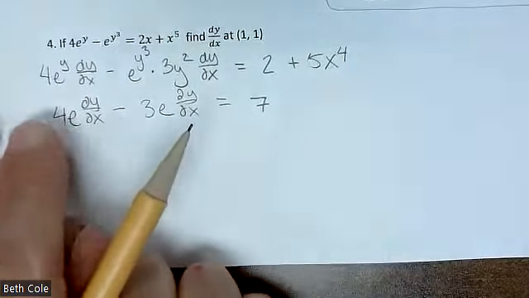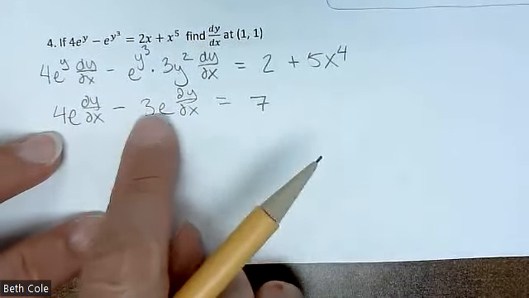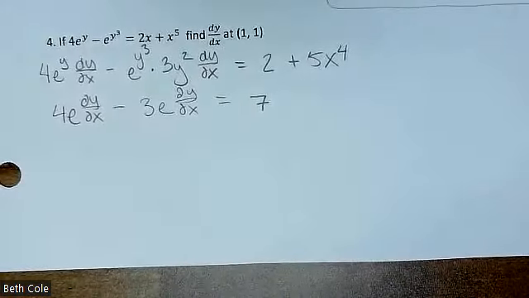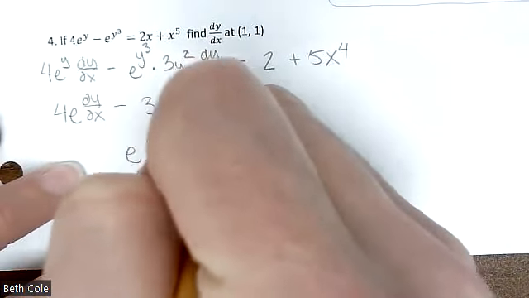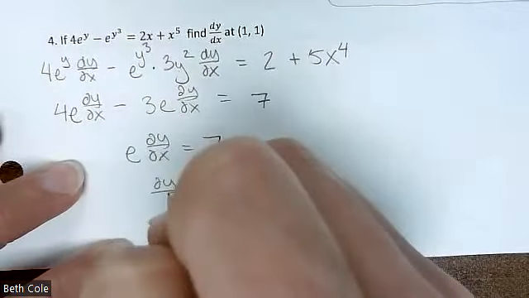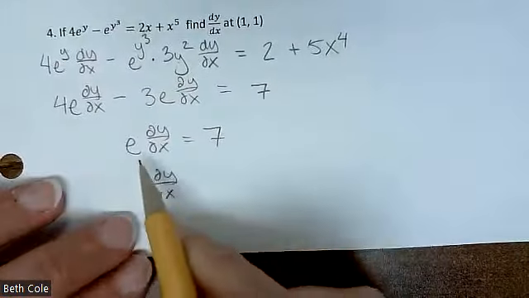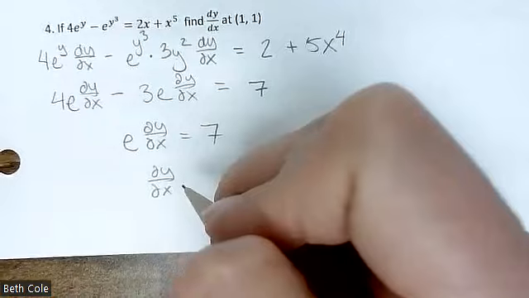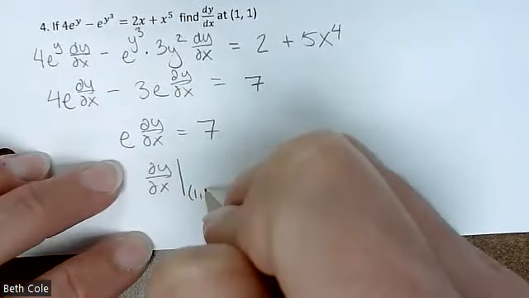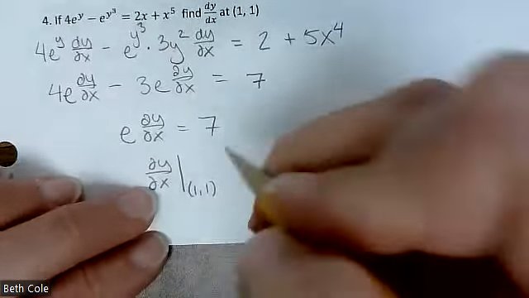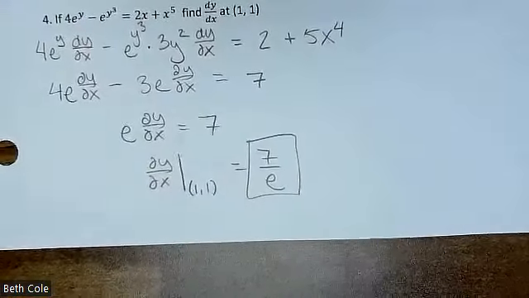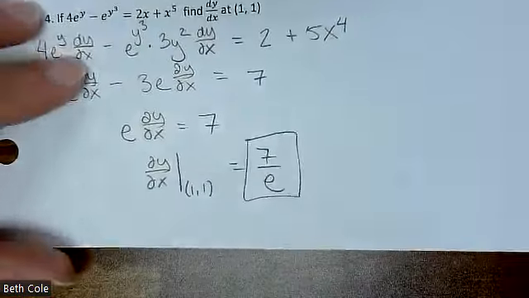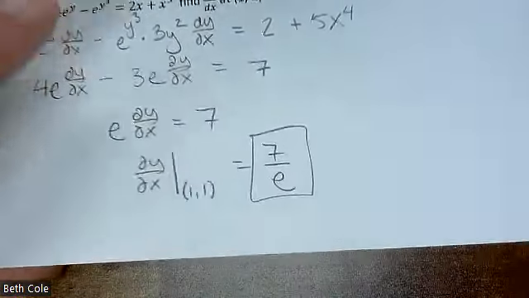So putting these together, 4e dy/dx minus 3e dy/dx would be 1e dy/dx. And then to get dy/dx by itself, you would divide by e. And again, technicality, it's not the derivative, it's the derivative at the point (1, 1). But again, it's multiple choice on the test, so you won't be able to mess that up. But did you get 7 over e? A lot of you just stared at me and flipped your paper over, so nice job. Good job, guys.